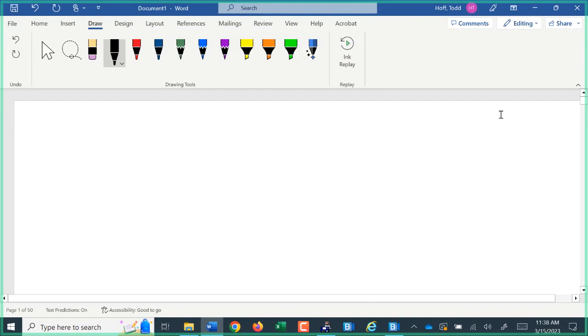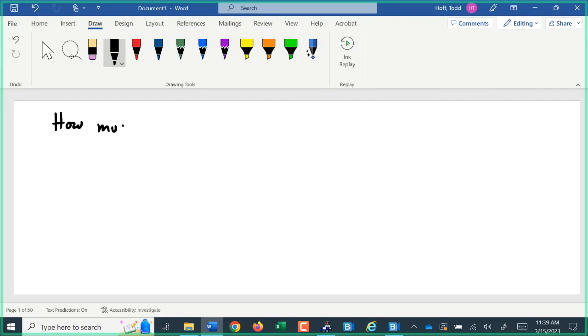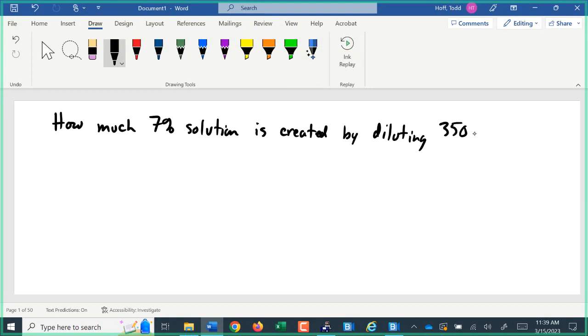First, let's look at a question like, how much 7% solution is created by diluting 350 milliliters of 13% solution.